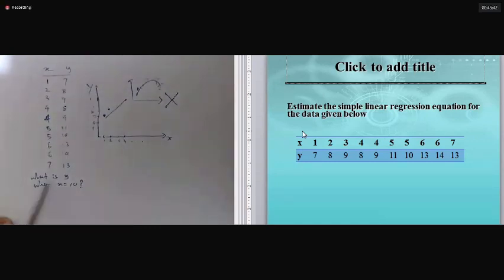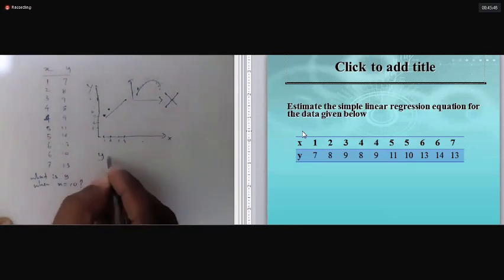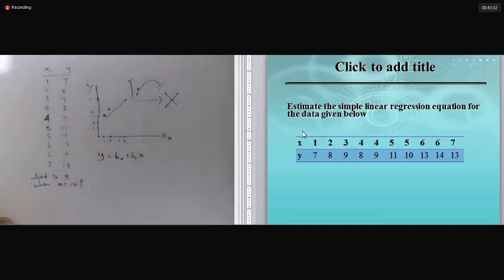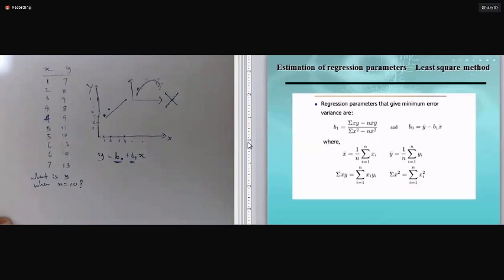So if you want to answer this question, you have to estimate the relationship between these two. So that is y is equal to b naught plus b1x. So we want to find these two parameters, b naught and b1. To find these two parameters, I have given you some formula.